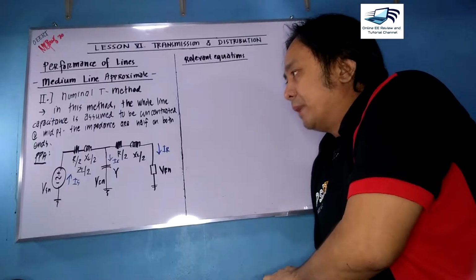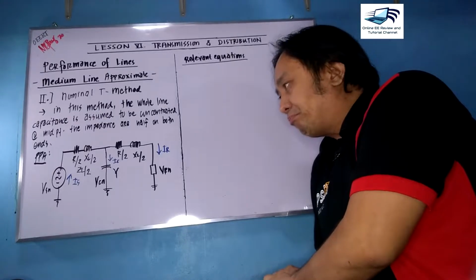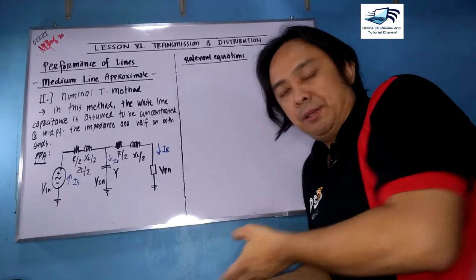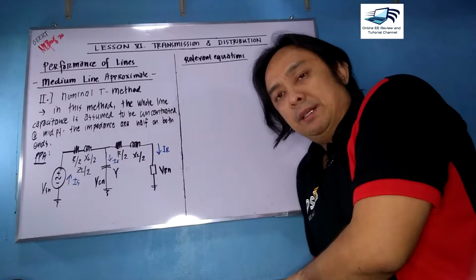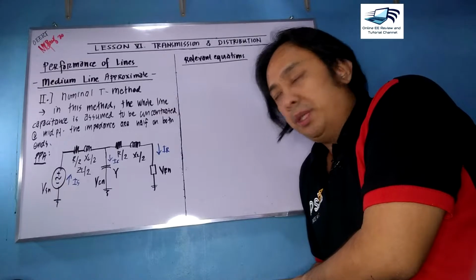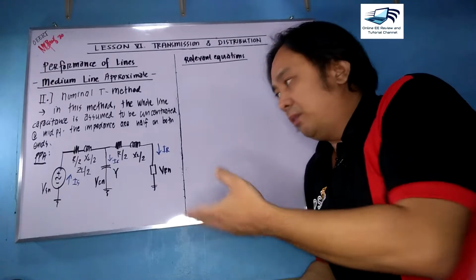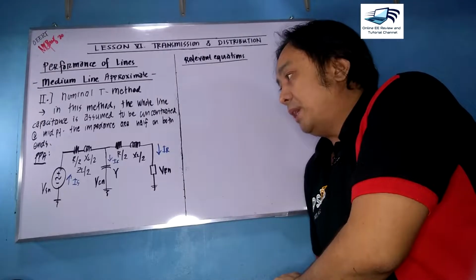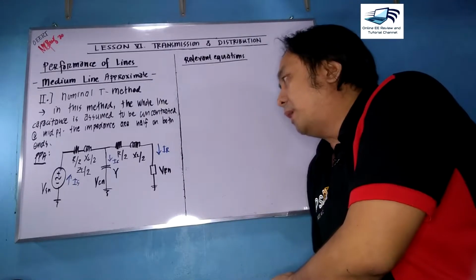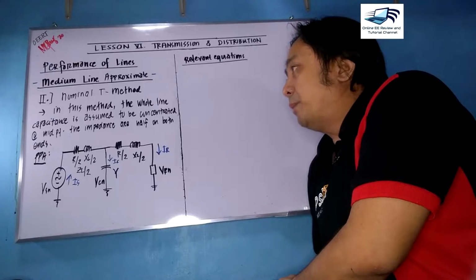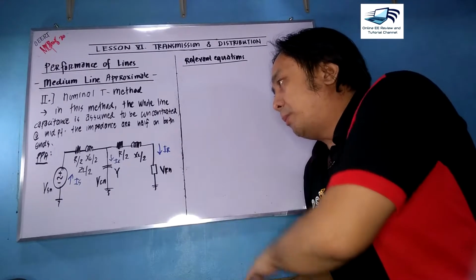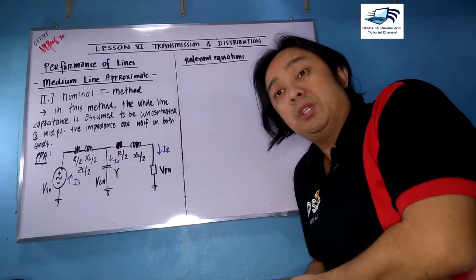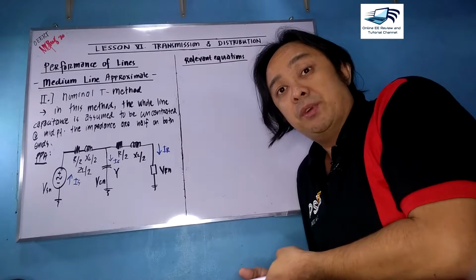The advantage of this is you can calculate Vs and Is using circuitry, by using KCL for Is, and then you can use KVL to solve for VS. So the advantage of having this type of line on a per phase basis is we can use our circuitry instead of memorizing formulas.